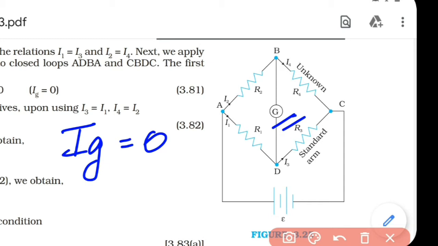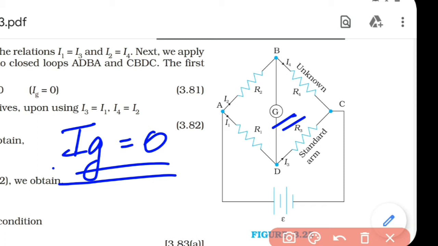So we are obtaining the condition for balancing in terms of R1, R2, R3 and R4 using this basic condition, that is, current through the galvanometer is 0. I2 splits into I4 and IG, and IG gets added with I1 to form I3. But what is IG when the bridge is balanced?